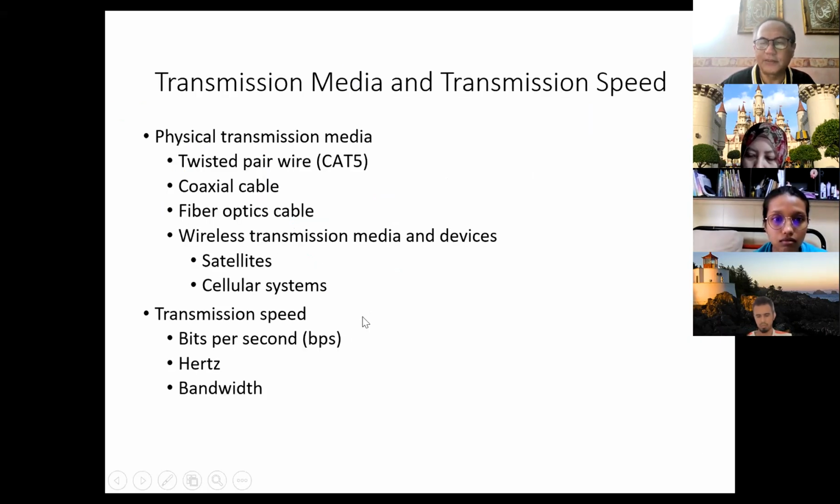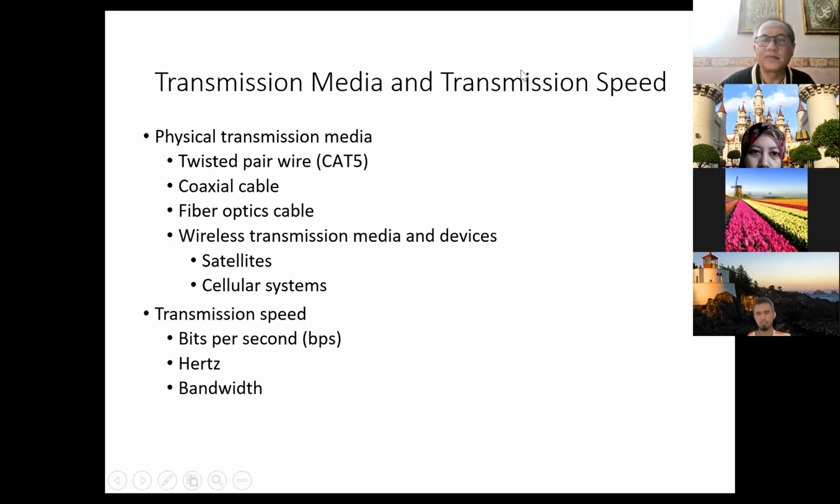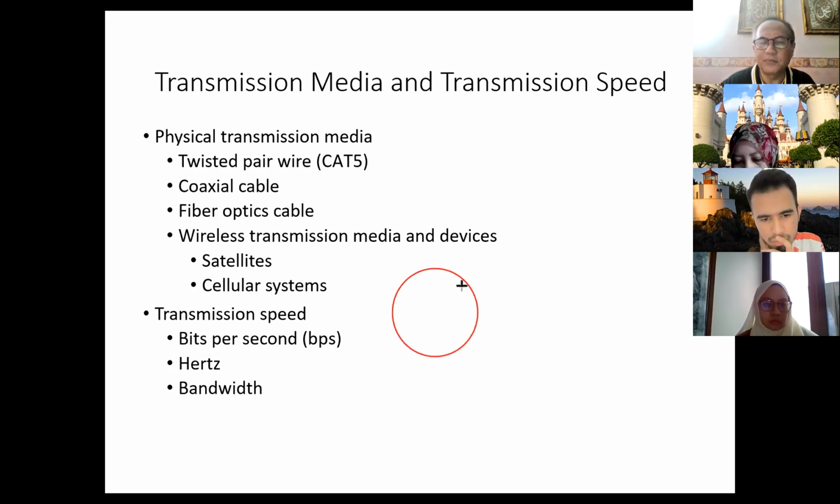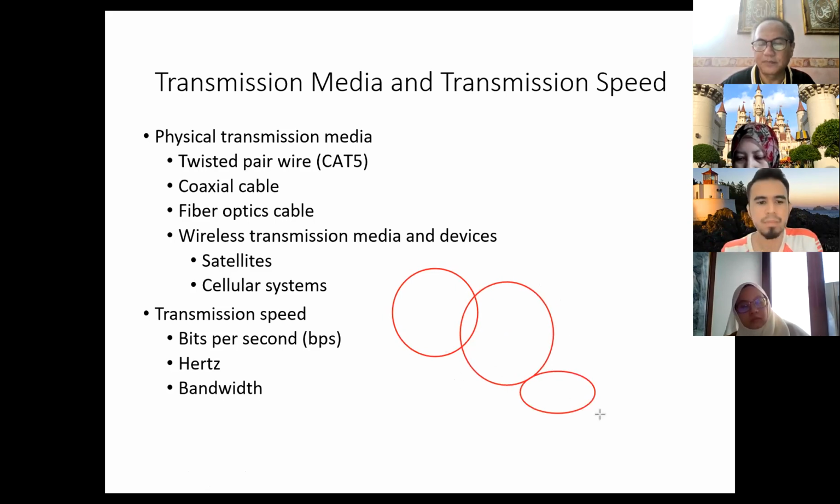This is satellite communication, and then for cellular communication, the cellular system comprises cells. Cells are normally connected with each other, though at times they are also separated from each other.